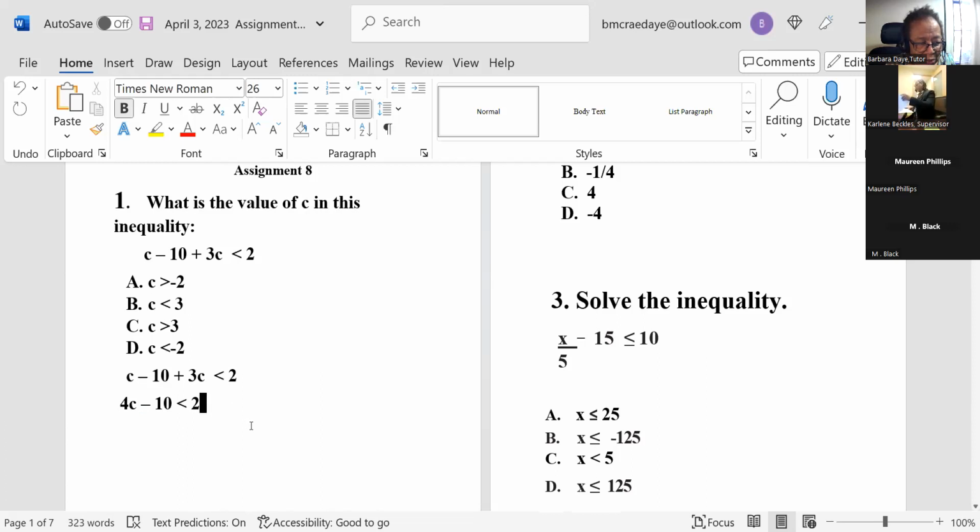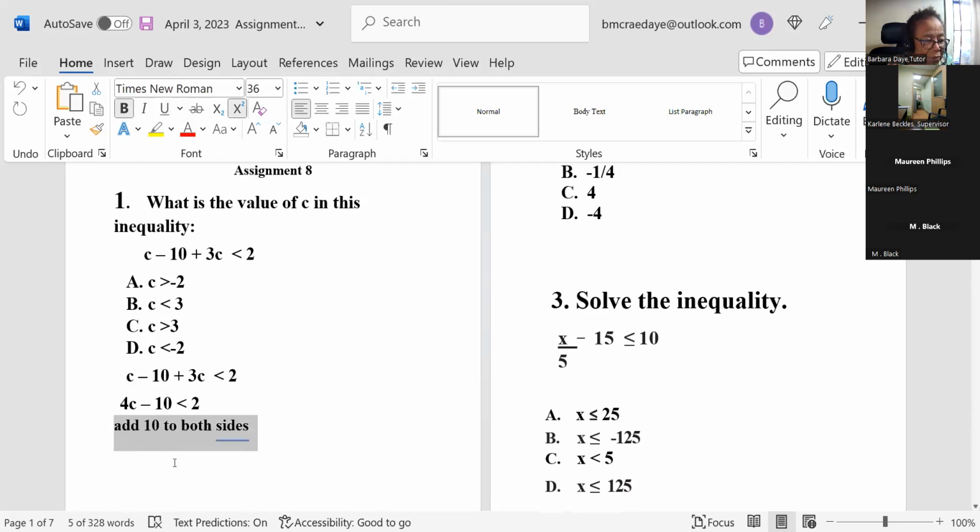So we add. Absolutely, Maureen. Perfect. Since you're subtracting here, you'll add. So you just say add 10 to both sides. All right.